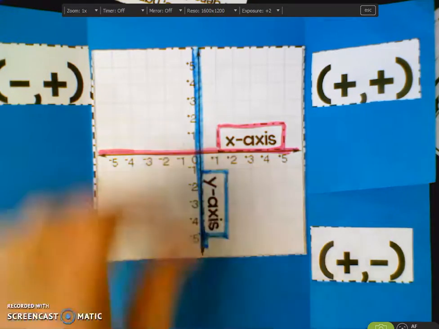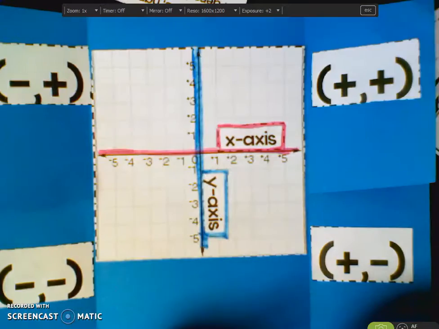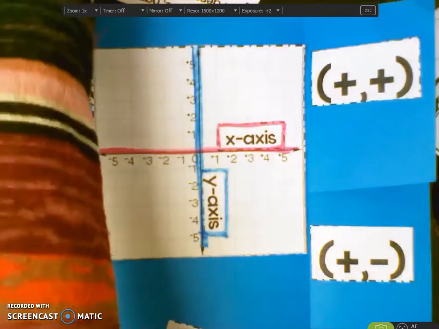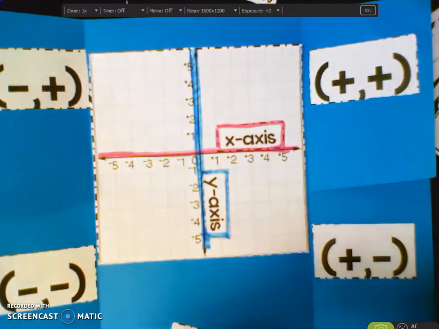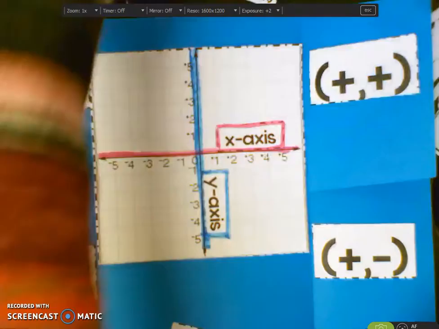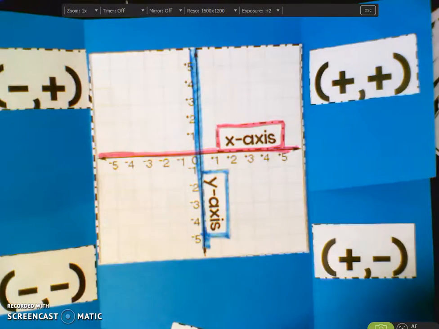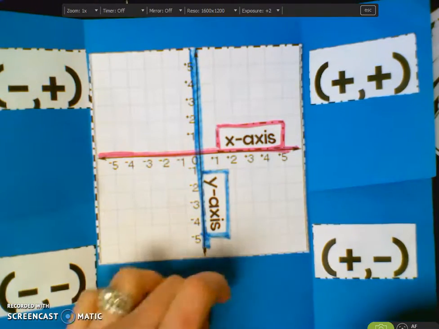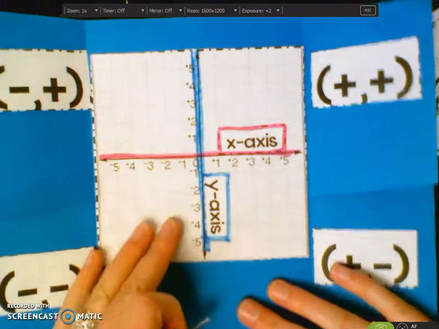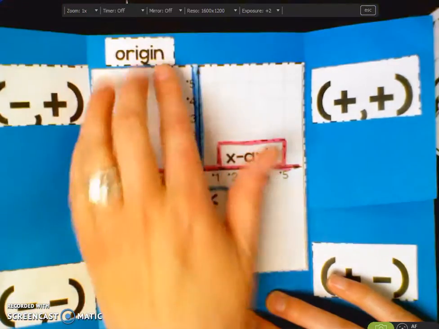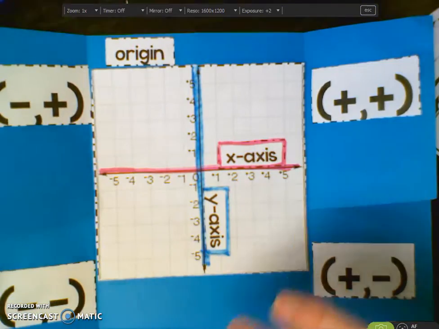The next one I'm going to glue in is the origin. I'm going to place the origin up here and glue it right up there.